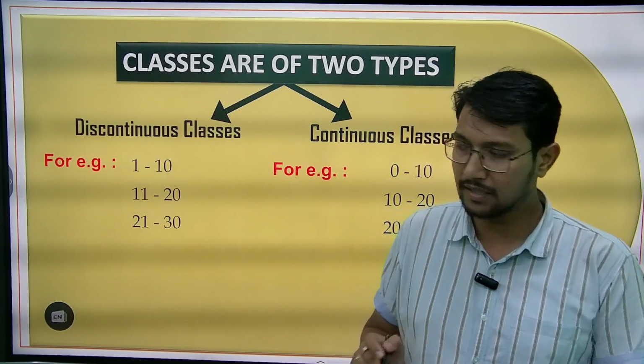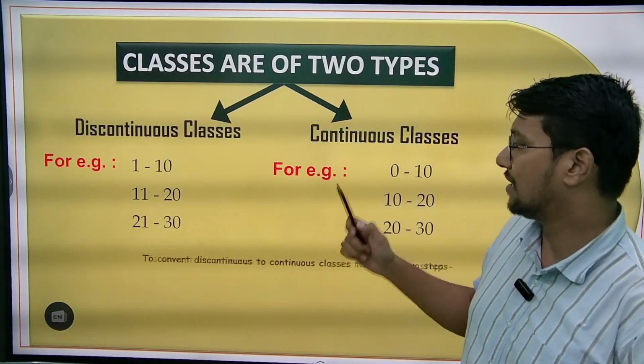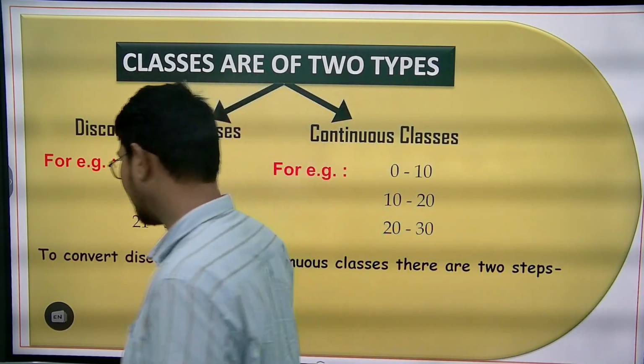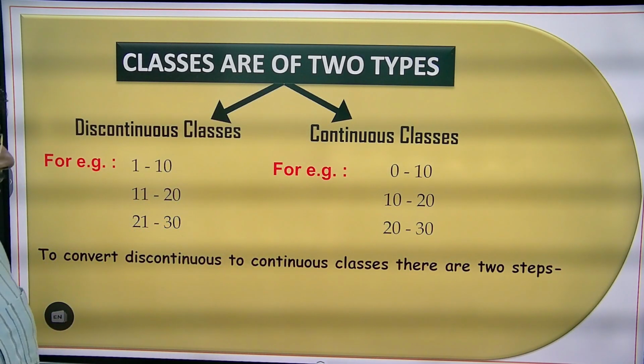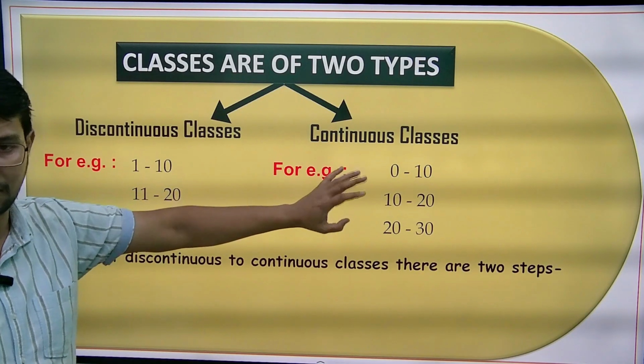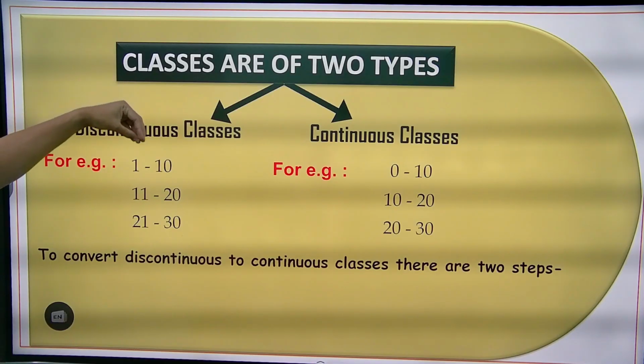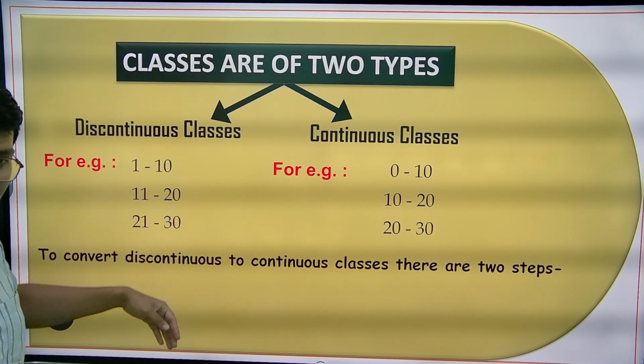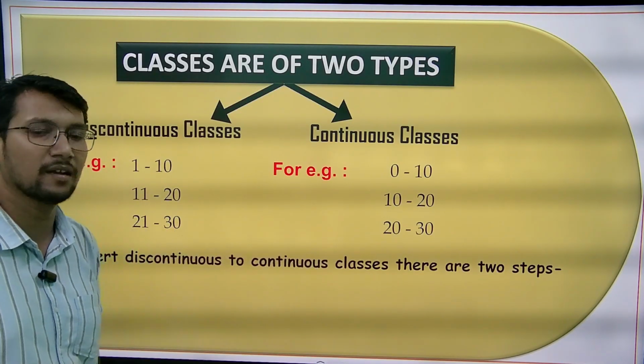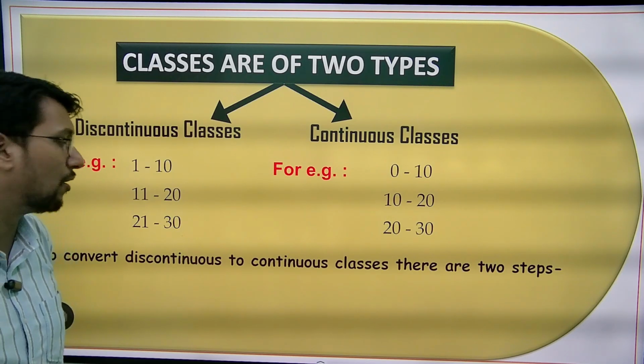है ना? ठीक, चलो. Now see, then question arises. In continuous classes, no matter. But if the data is given in this form, discontinuous, so we have to convert into where? Continuous. How to convert?